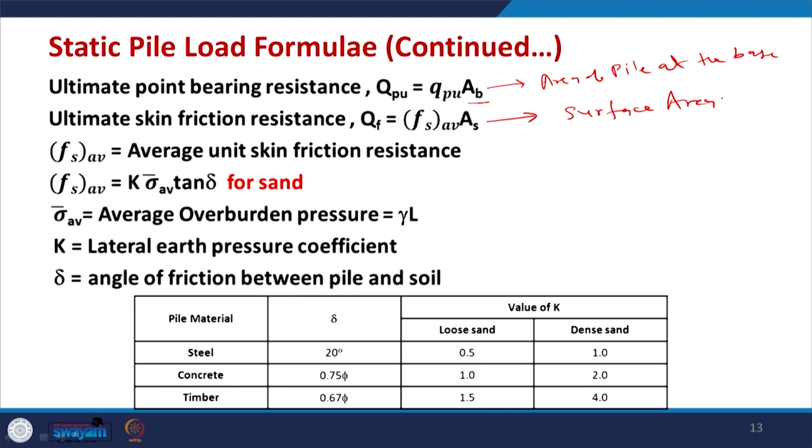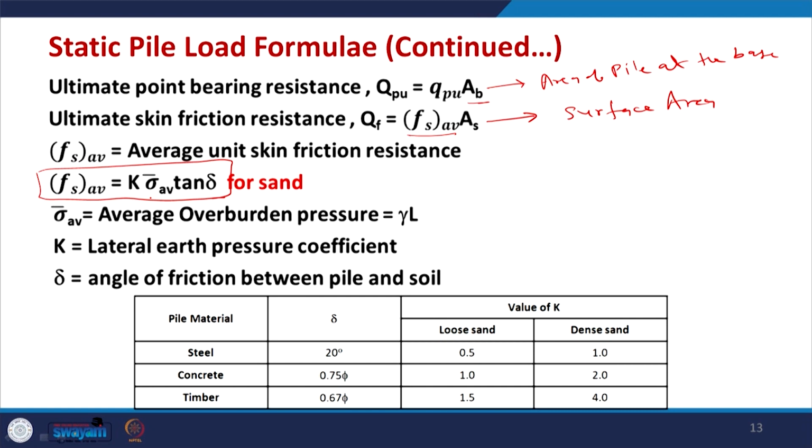So, here the ultimate skin friction resistance is given by Fs average. We already discussed how to find QPU, AB and As. Now, let us discuss Fs average. Fs average is called the average unit skin friction resistance, and for sandy soil the value of Fs average is given by the relation K sigma average tan delta. With this relation, let us work out what sigma average is.